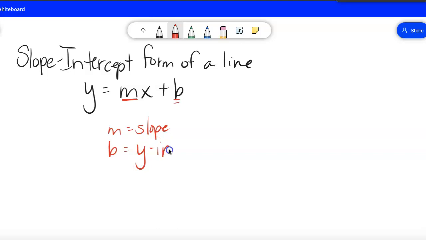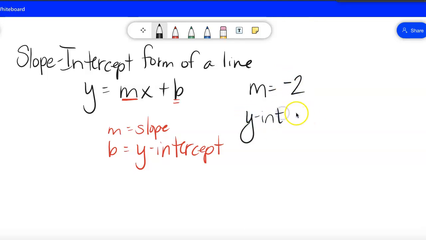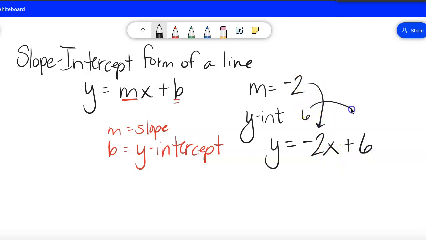That's where the line crosses the y-axis. So if I have a line with a slope of -2 and a y-intercept of 6, the equation of that line would be y equals -2x plus 6. We put the slope where m is and the y-intercept where b is.